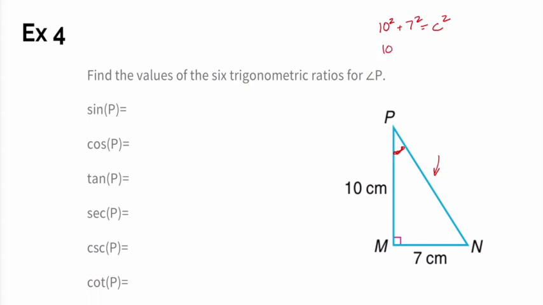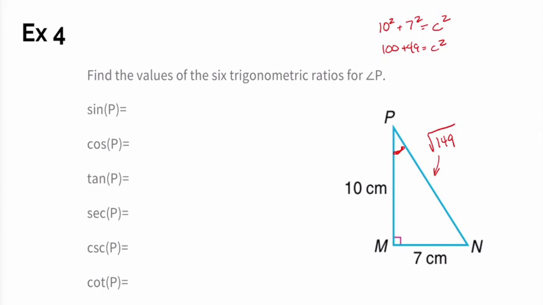And so that's going to be 100 plus 49 equals c squared, which means that this side is the square root of 149. 149 is not a perfect square, and I don't think it factors in any way. We're going to leave it as the square root of 149.